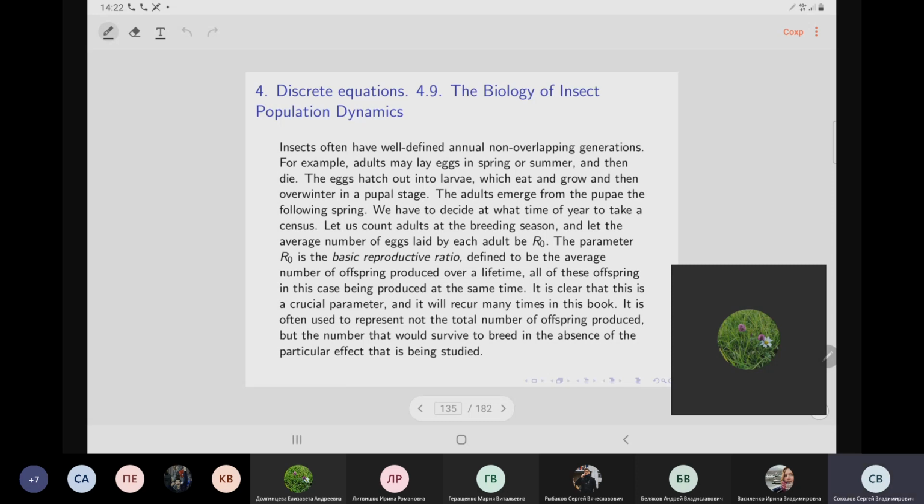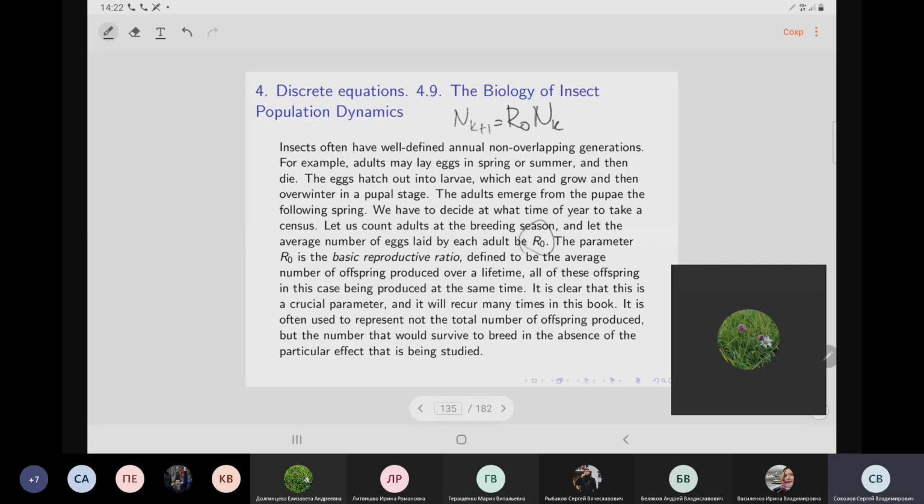And we introduce a very useful coefficient that is denoted by R0, and it is the average number of eggs laid by one adult. So in the ideal situation, when all the offspring survive, we will have the equation in this form: x_{k+1} is R0 times x_k.